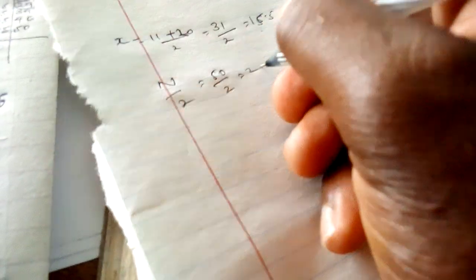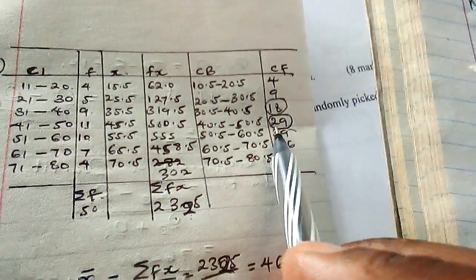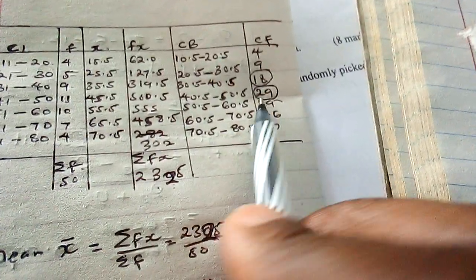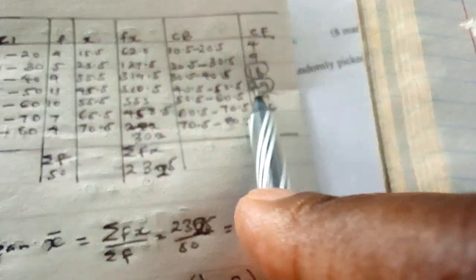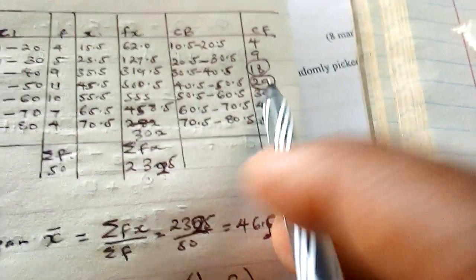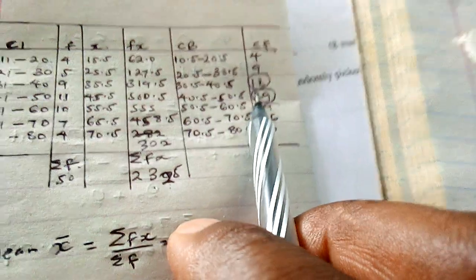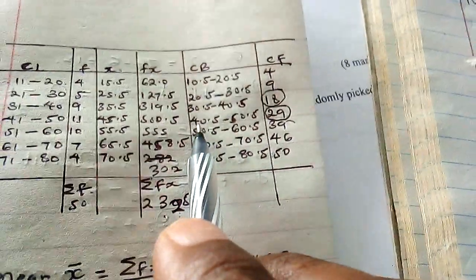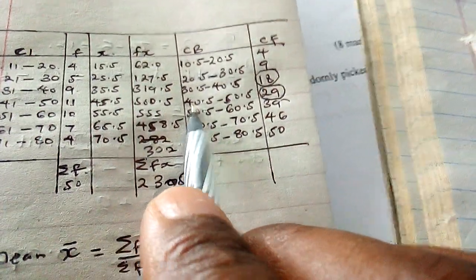So the median class here, it is N over 2, which is equals to 50 over 2, which is equals to 25. So the median class lies within the cumulative value 29 here, because 18 is less than 25. So the lower class boundary of the median class, it is 40.5.